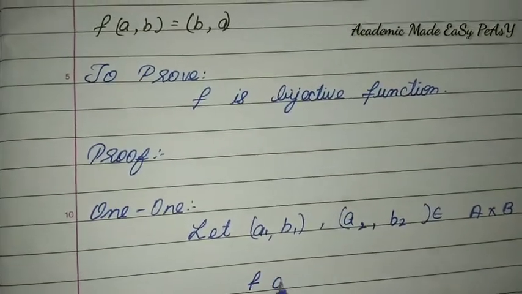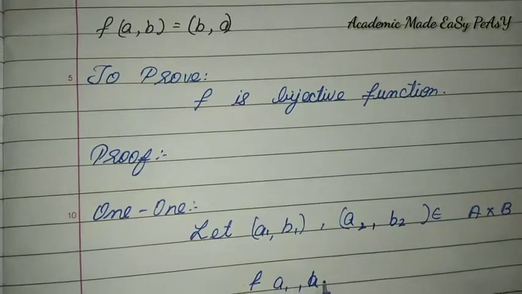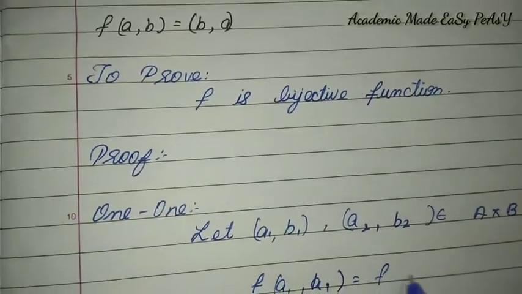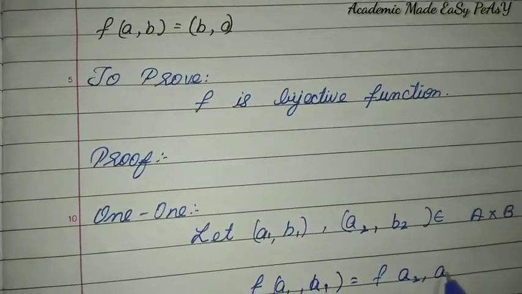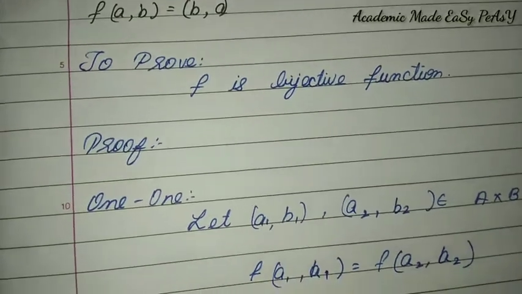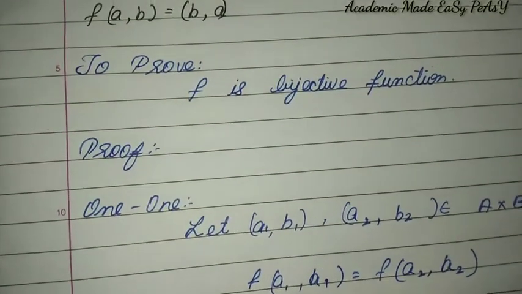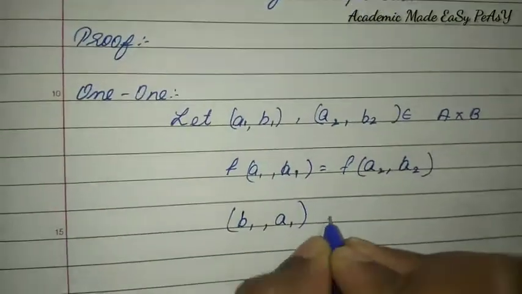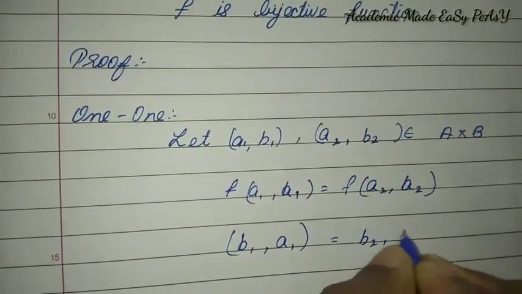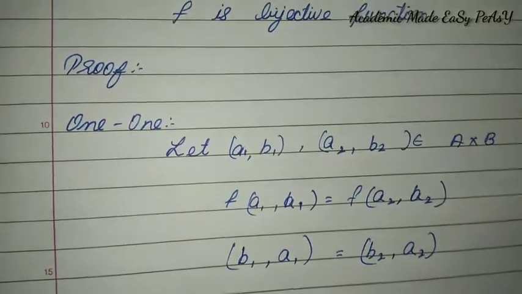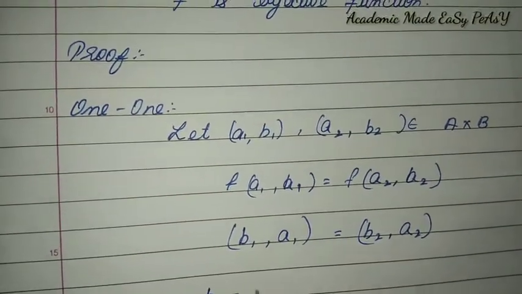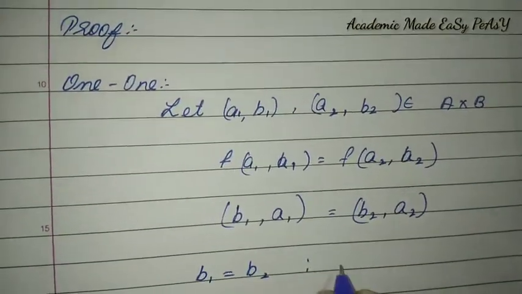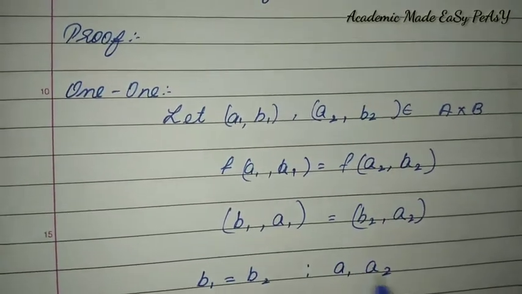So f of (A1, B1) is equal to f of (A2, B2). So I will have (B1, A1), because that is the function given, is equal to (B2, A2) if B1 is equal to B2 and A1 is equal to A2.